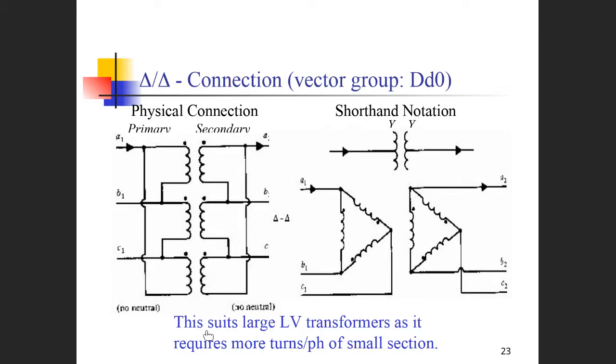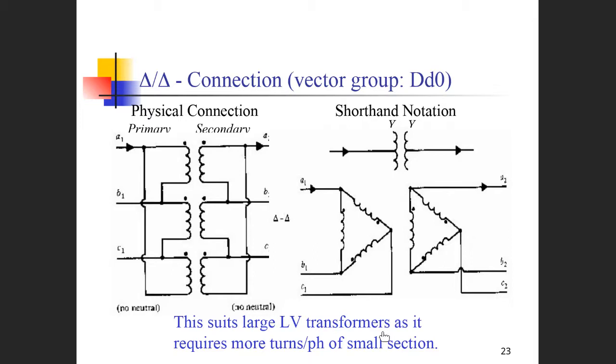Okay, so generally, the delta connection suits large low voltage transformers, and it requires more turns per phase of small sections. A large low voltage transformer means we use big power and very big currents at the user end, but the voltage is lower.